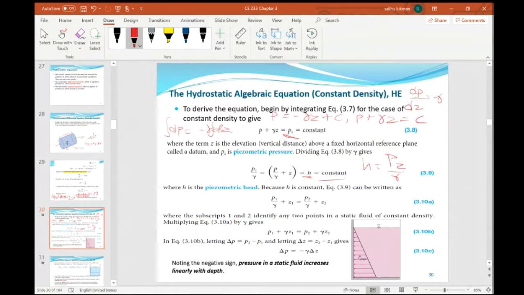We will expatiate more on this. The subscripts 1 and 2 identify any two points in a static fluid of constant density, which is very important. That is why when integrating, we remove the unit weight outside the integral, because we are considering the unit weight to be constant. When the unit weight is constant, G is constant and rho is constant, because unit weight is equal to rho G.